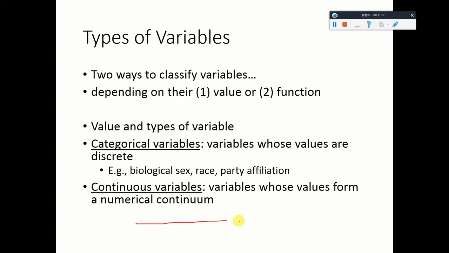It makes sense, in other words, to place this variable on the scale and arrange their values in order. And in a very technical sense, all these values are so dense that you can imagine that different values are infinitely close to each other. So in this sense, we say they form a numerical continuum.